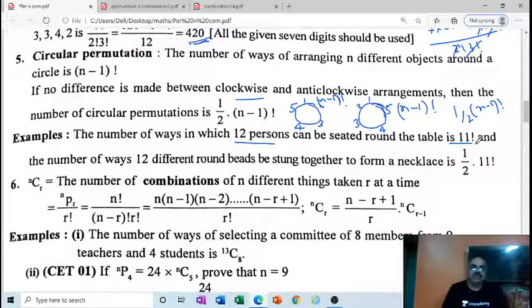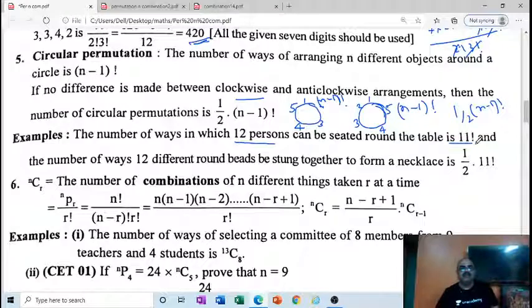Now let me go into the concept of number of combinations. NCR is called the concept of combination. Here, after arrangement, you are going to select them out of it. Selection done after the arrangement is called combination.